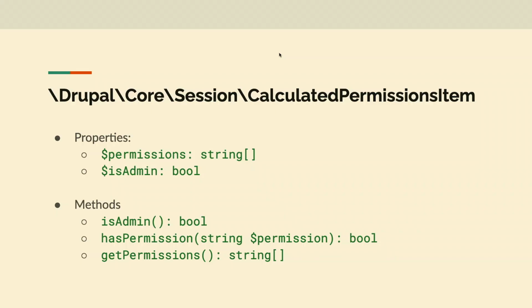And then there's a Boolean called is admin. Admins pass all access checks. So if someone's an admin, we don't even need this permissions array, we just ask if they're an admin. So that's fine. And some of the most important methods are is admin, has permission, and then get permissions to get the whole permissions array.